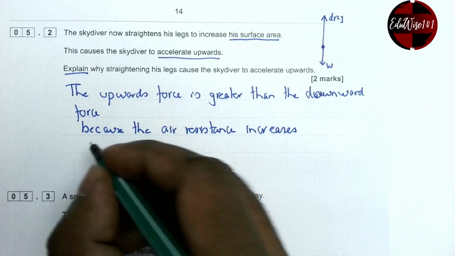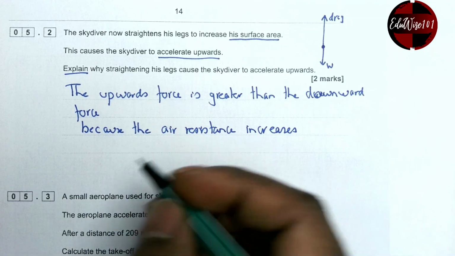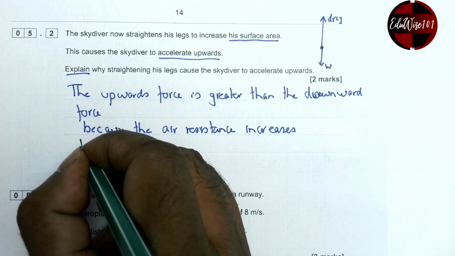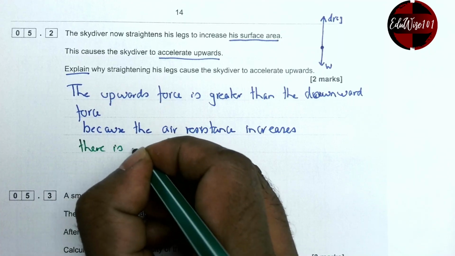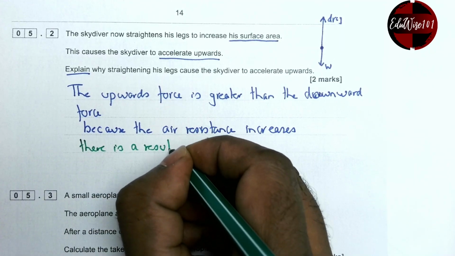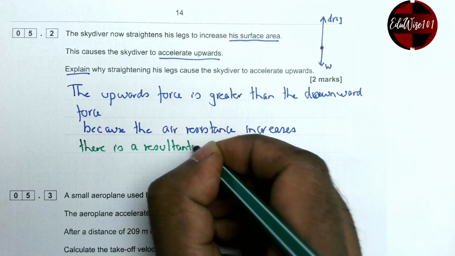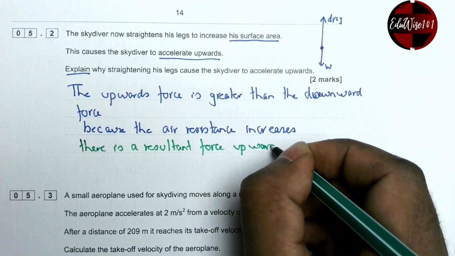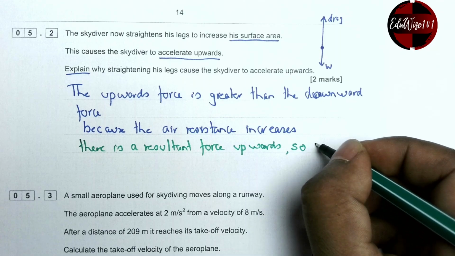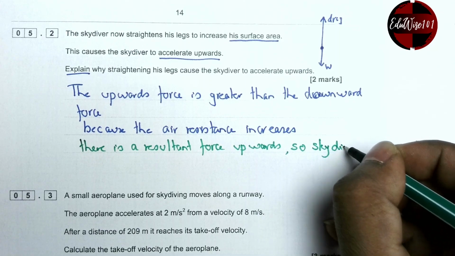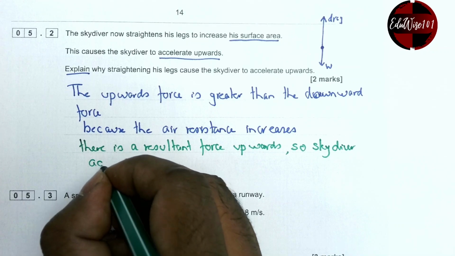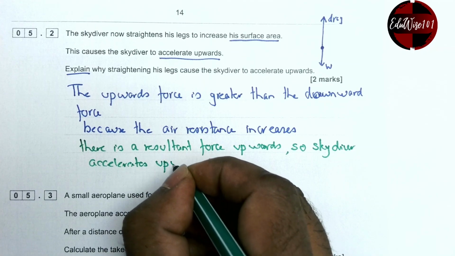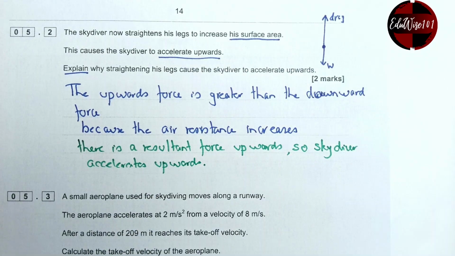This is optional additional information just to make it clear. There is a resultant force upwards. So the skydiver accelerates upwards.